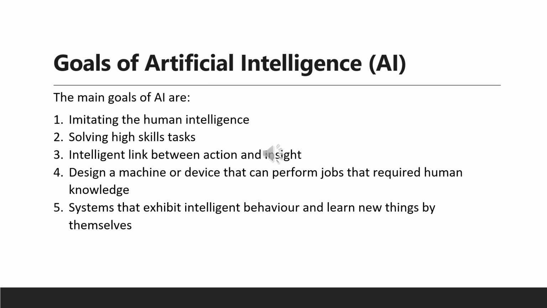Number three, to intelligently link action and insight, deep insight into issues and tasks. Also, to design a machine or device that can perform jobs that require human knowledge. And lastly, to have a system that exhibits intelligent behavior and also learns new things by itself.